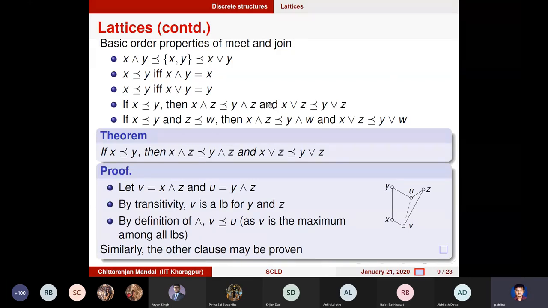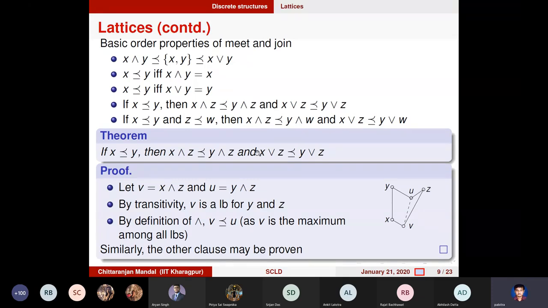Then there is a kind of combination: if x is less than or equal to y and z is less than or equal to w, then the join of x and z is less than or equal to the join of y and w, and similarly the meet of x and z is less than or equal to the meet of y and w. So these are some basic order properties.